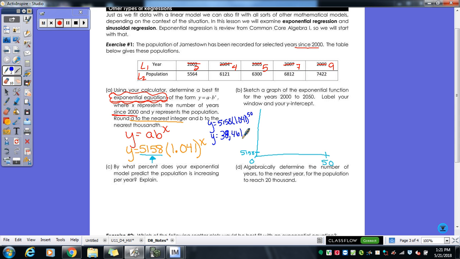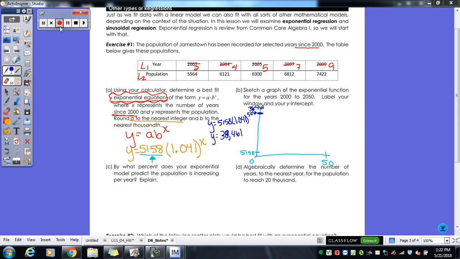I'm pretty sure I got 38461 earlier too. 5158 times 1.041 to the 50th, 38461. Yep. I'm going to put that also on my y-axis up toward the top.